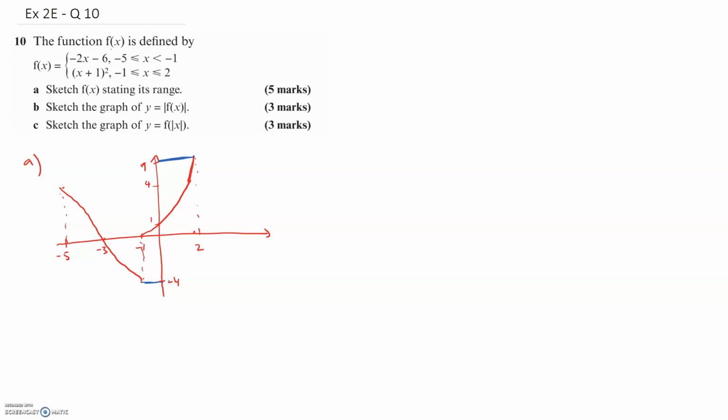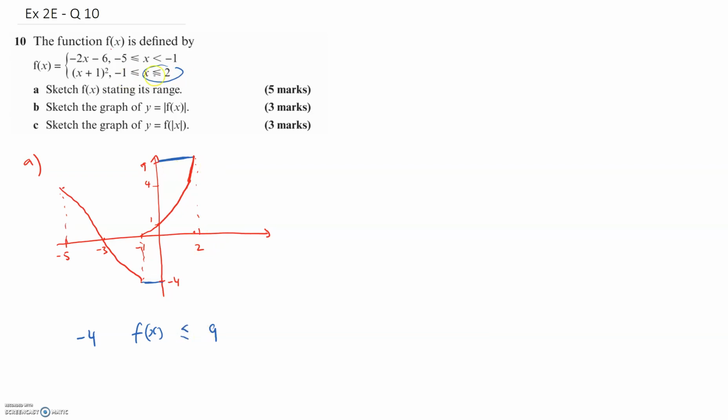You need to be slightly careful when stating the range now, because the function f of x could take any value between those two, but does it include those two? So f of x can be anywhere between 9 and -4. It does include 9 because we're including 2 in the domain. So that's going to be a less than or equal to.